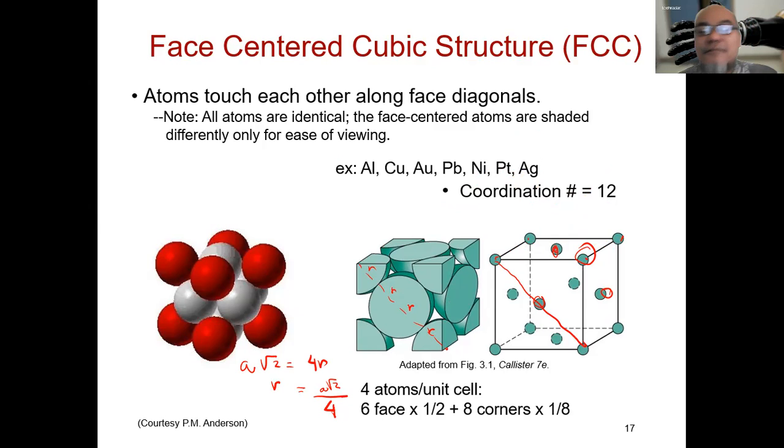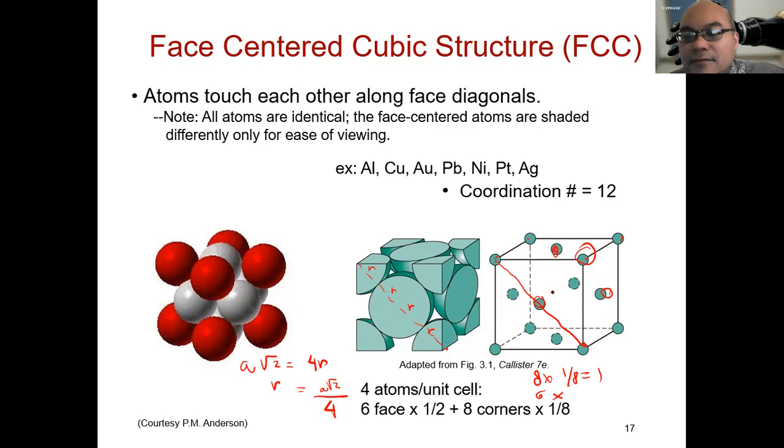The number of atoms per unit cell: we have atoms at the corner, each shared by 8 unit cells. So 8 times 1 over 8 is equal to 1. We have at the side of the cube, how many? 1, 2, 3, 4, 5, 6. Six. And each of these atoms is shared by how many unit cells? 2 unit cells, with the adjacent unit cell.